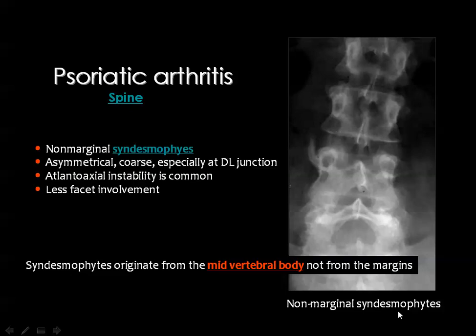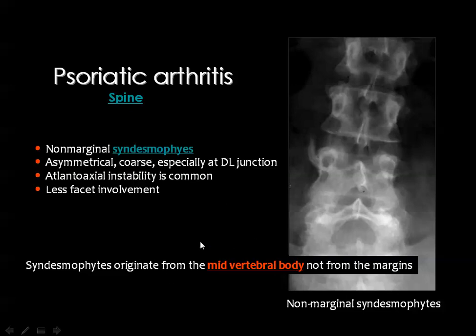In the spine, there are changes which manifest as what are known as syndesmophytes, which are osteophytes arising from the mid portion of the vertebrae instead of the vertebral end plate. There is also atlantoaxial instability, which is also seen in cases of rheumatoid arthritis.